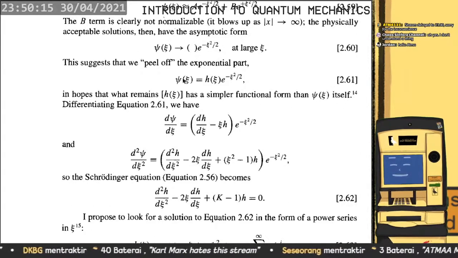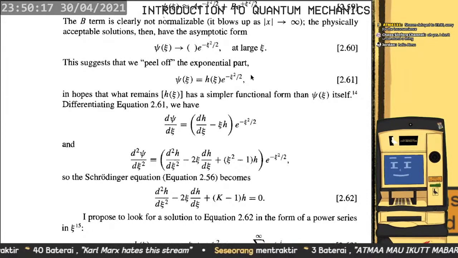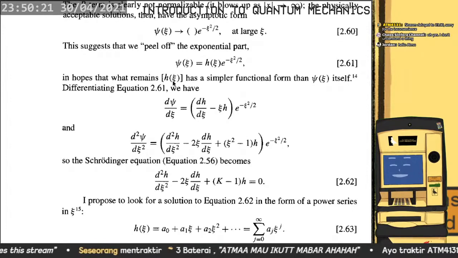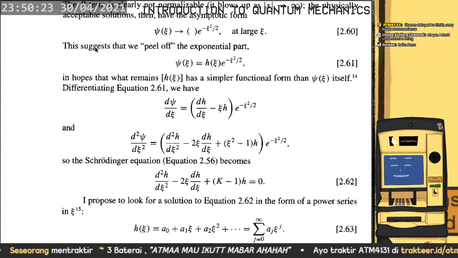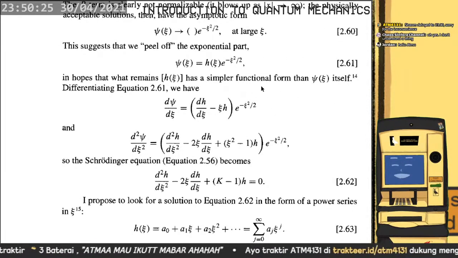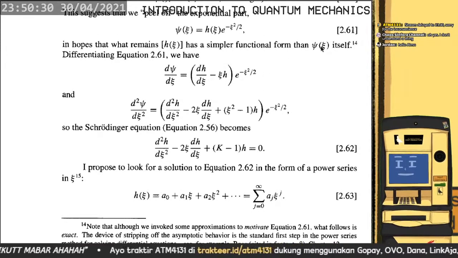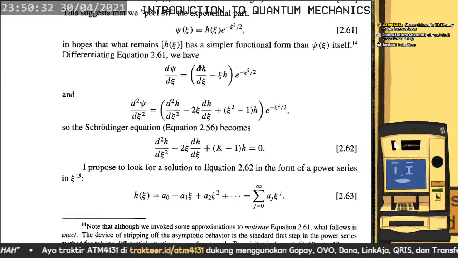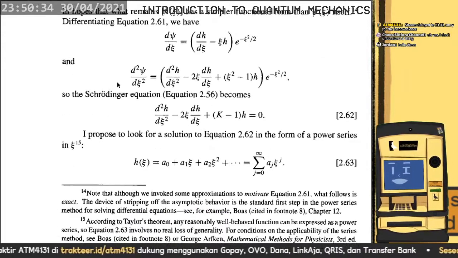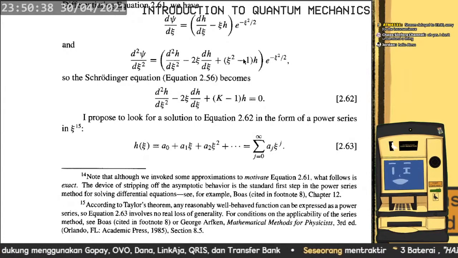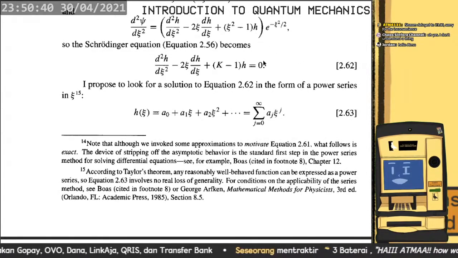This suggests that we peel off the exponential part, in hopes that what remains, h(ξ), has a simpler functional form than ψ(ξ) itself. Differentiating Equation 2.61, we have this and that. So the Schrödinger equation becomes like this.